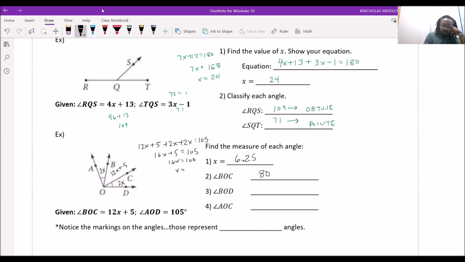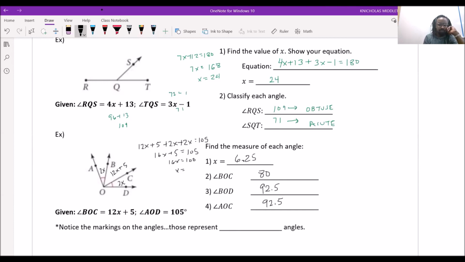That's going to be 14x plus 5. 14 times 6.25 plus 5 gives me 92.5. And for AOC, that should also be 92.5. Just did the math there.